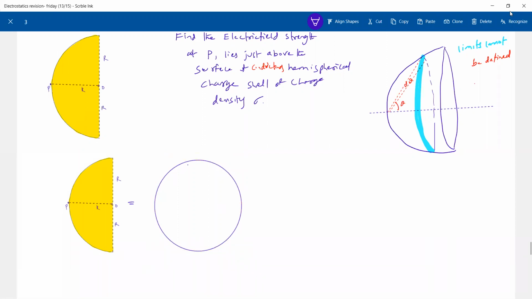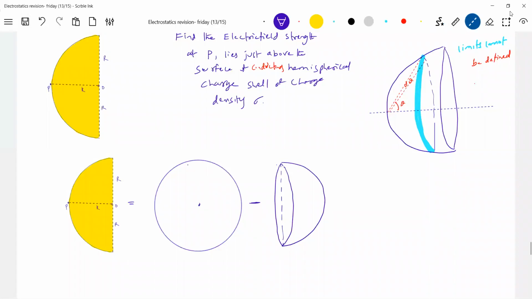From that, if I subtract the field, there's a radius r, and there's also radius r.